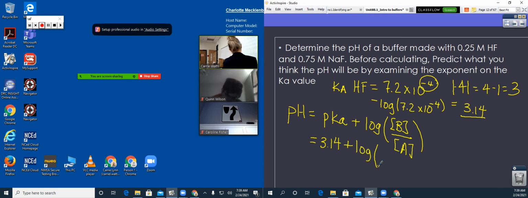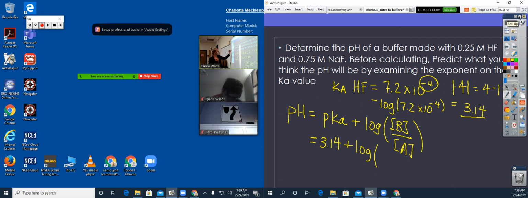Remember the B is the base. In this case, the base is going to be your NaF, the F negative 1, so that's the 0.75. And the acid is going to be the 0.25, so that goes on the bottom.